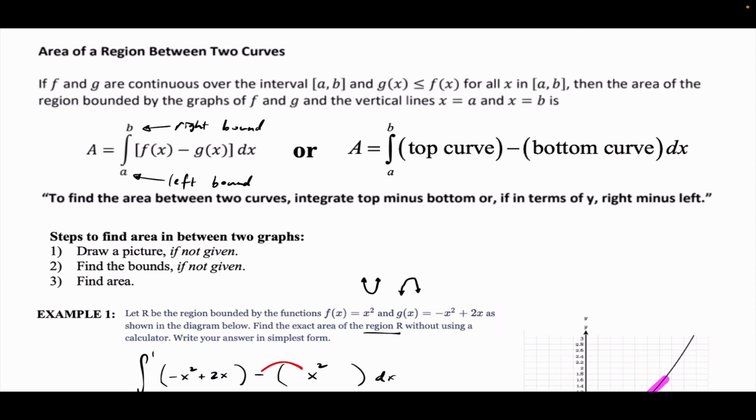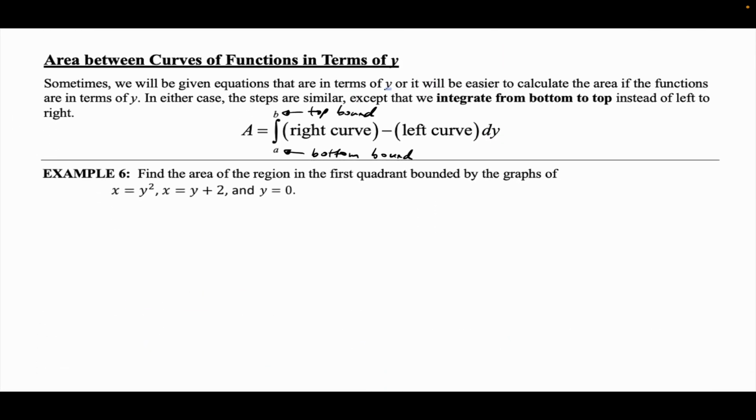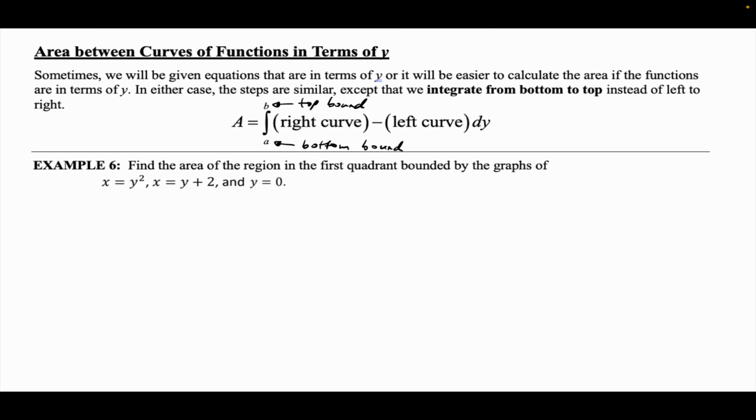Today, we're going to see the same idea, it's just we're going to see non-function things. So instead of y equals, you're going to see things that say x equals, okay? But it's the same idea with a little bit of tweaks.